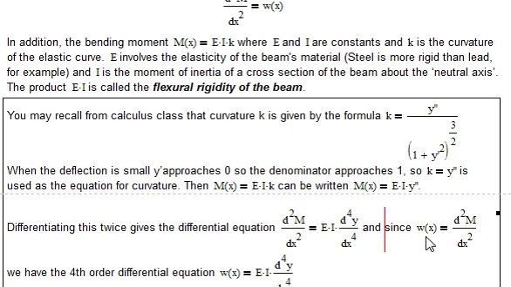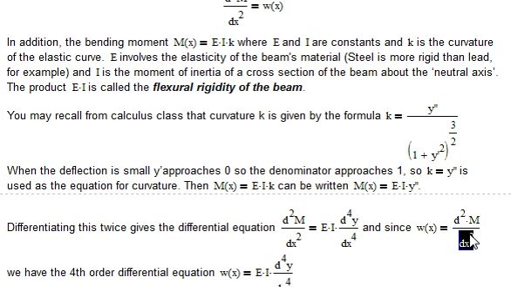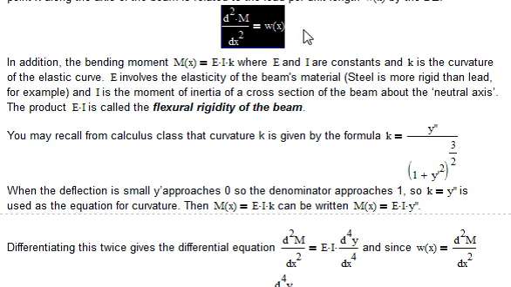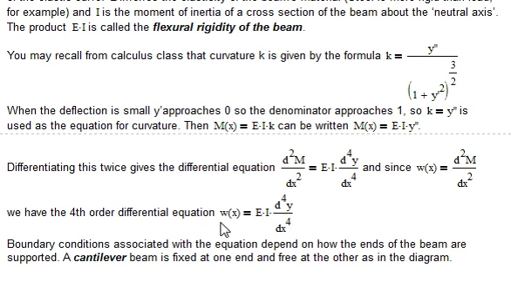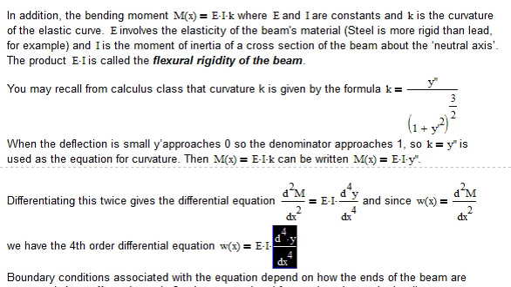And since w of x is that second derivative, recall, back to here, then we can write the fourth order differential equation: w of x equals E times I times the fourth derivative of the function that represents the deflection of the beam.